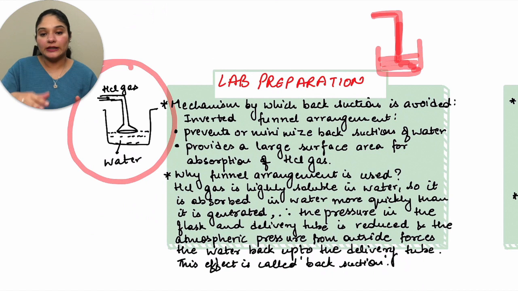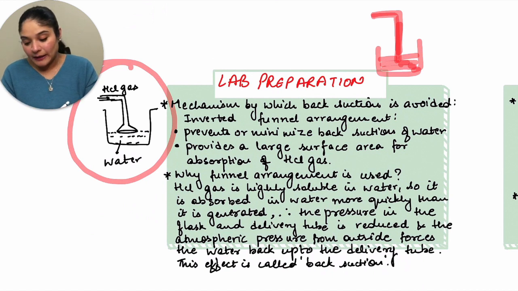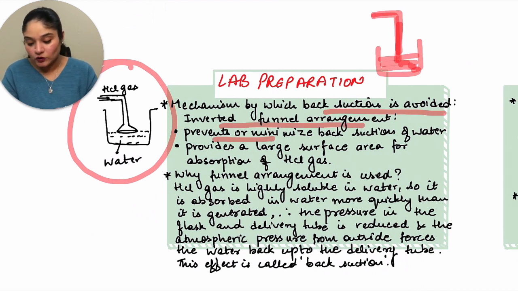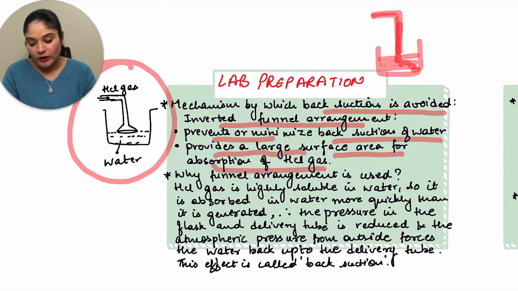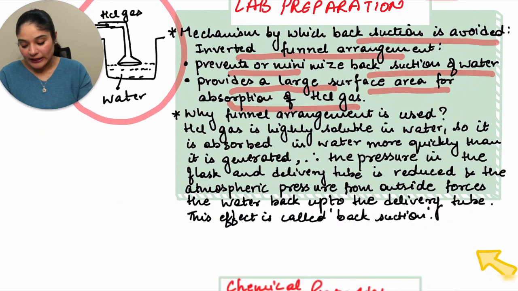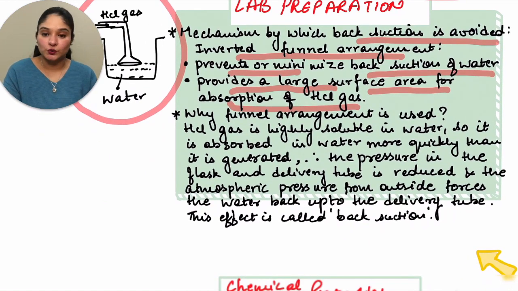Okay, so let's read about the mechanism by which back suction is avoided. Inverted funnel arrangement prevents or minimizes back suction of water. It provides a large surface area for absorption of HCl gas. Now next is why funnel arrangement is used.